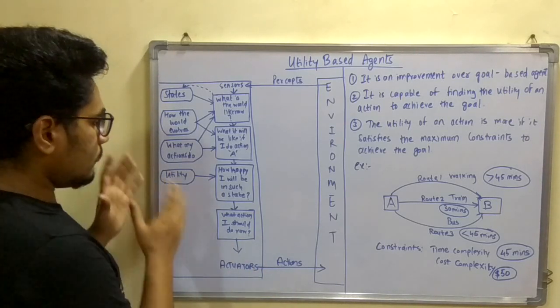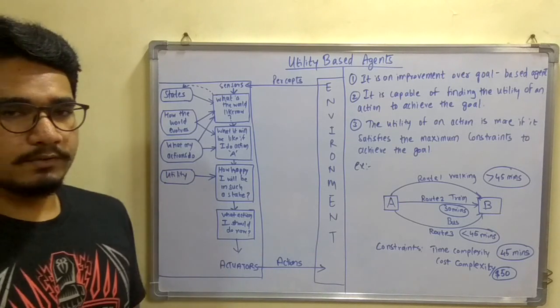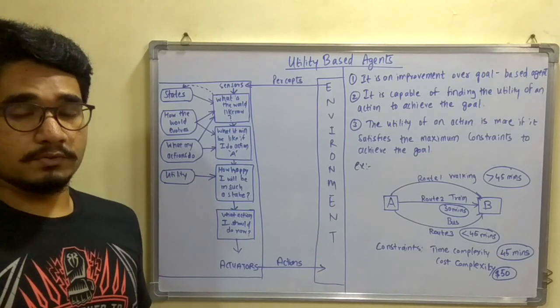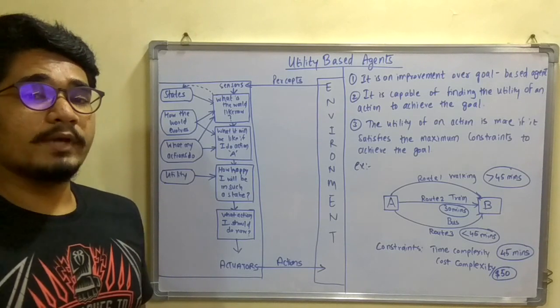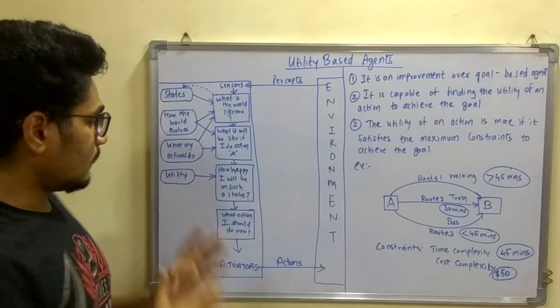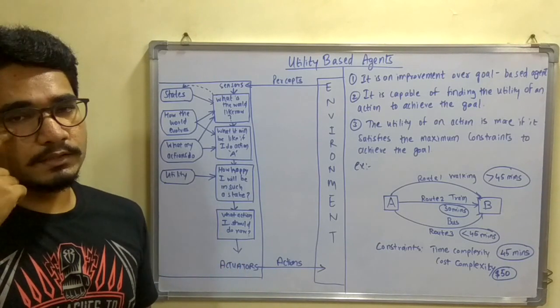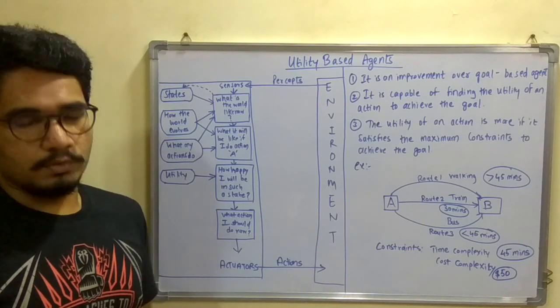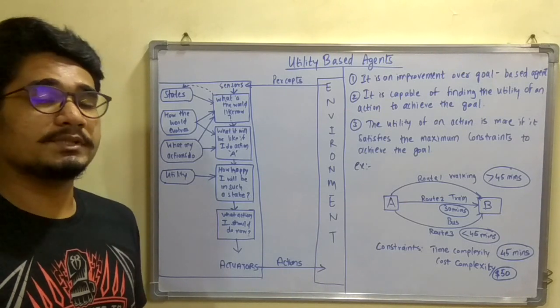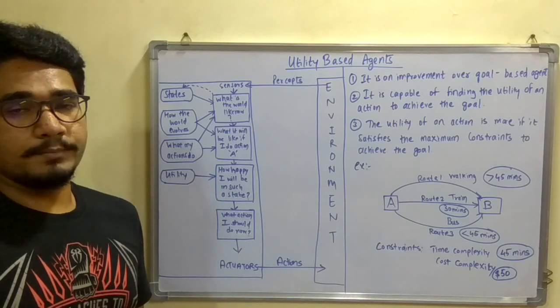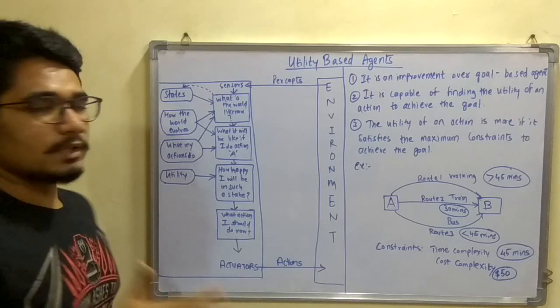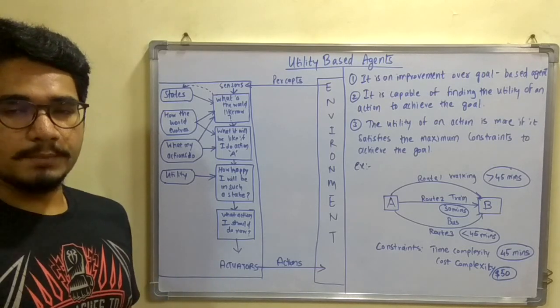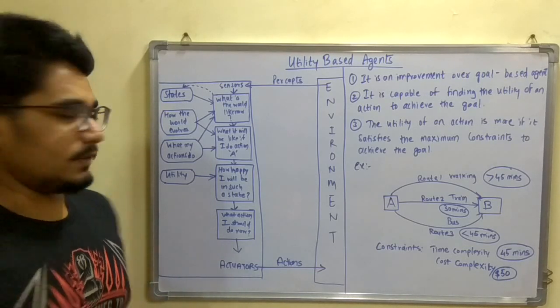Now this utility will define certain kinds of possible solutions or estimates of how you can reach your goal. Reaching the goal is a very easy task, like you can do n number of actions and reach the goal, but that's not the case. You have to find the efficient and minimalistic solution approach to reach your goal, with minimum cost and minimum time complexity.